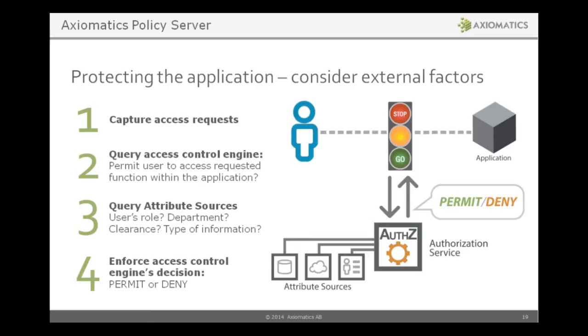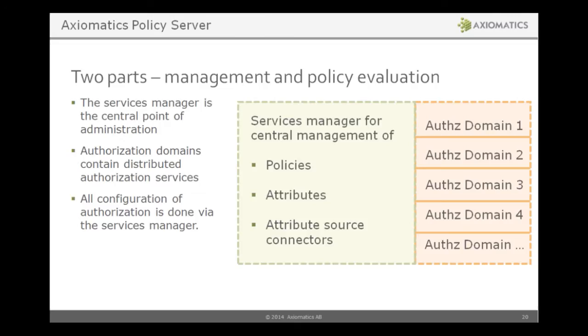The Axiomatics Policy Server product basically has two parts. To the left on this image, we see the box that represents the Services Manager. The Services Manager is where we centrally manage policies, attributes, and the attribute sources, the policy information points, the connectors to them. On the right-hand side, we have the various authorization domains where we deploy the authorization services.